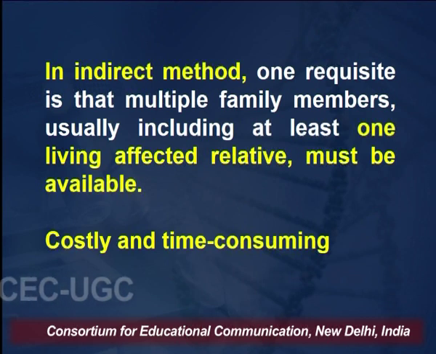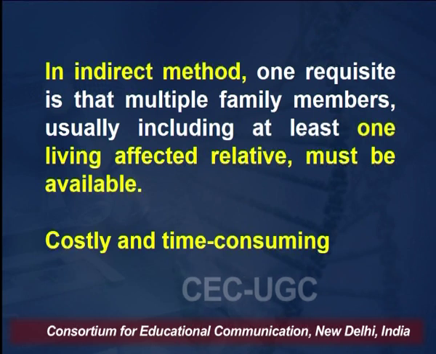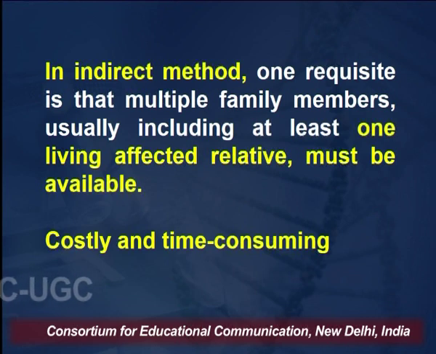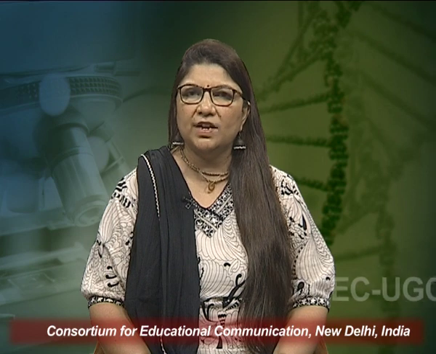In the indirect method, one of the requisites is that multiple family members, usually including at least one living affected relative, must be available. As I said, the availability of multiple family members and particularly one living affected relative is very, very important, because even if we do not know the particular gene or the particular mutation, we need to know that the disease is running in the family.